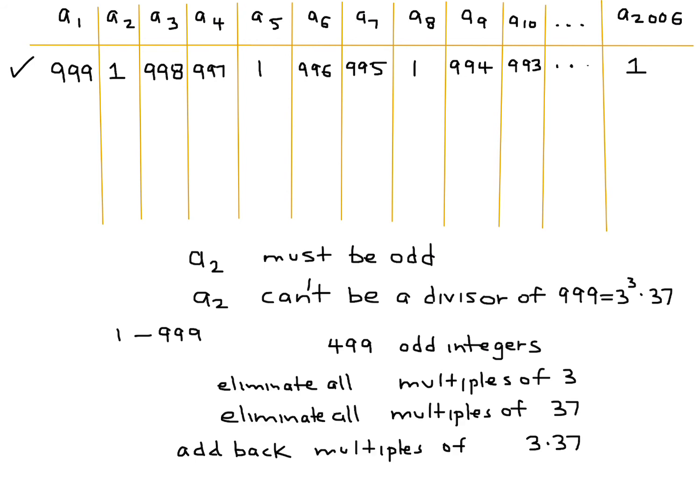So how many multiples of 3 do we have among these 499 odd integers? Well, we got 166 of them. How many multiples of 37? There's 13. And this double counts multiples of 3 times 37, and there's 4 of those.